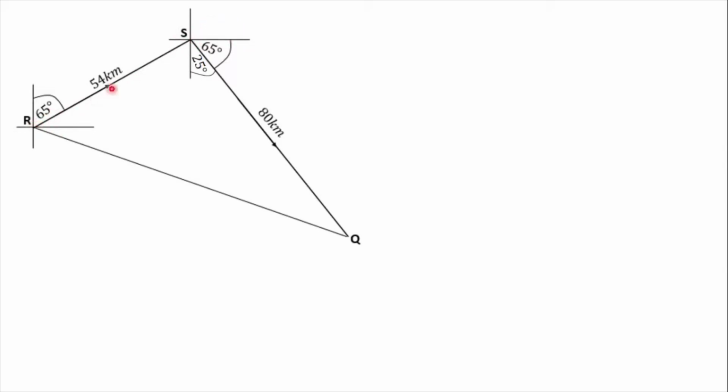Because the line RS is a transversal crossing the two parallel lines, we can say that the angle that is created here, which is 65 degrees, and the angle that will be created here will be alternating angles. We know that alternating angles are equal. So if here is 65 degrees, then this angle is also 65 degrees.